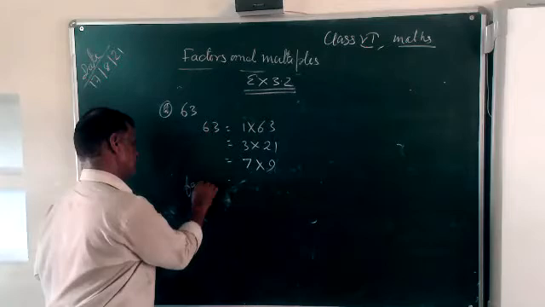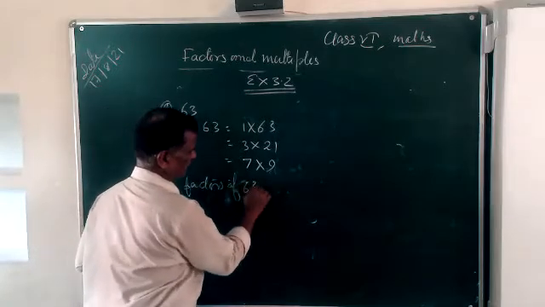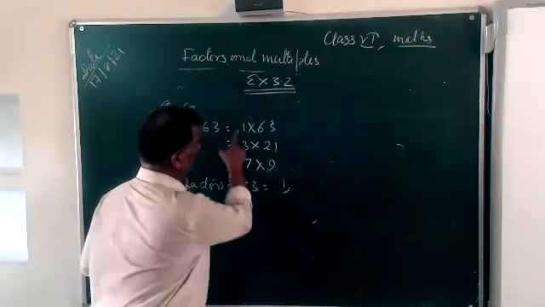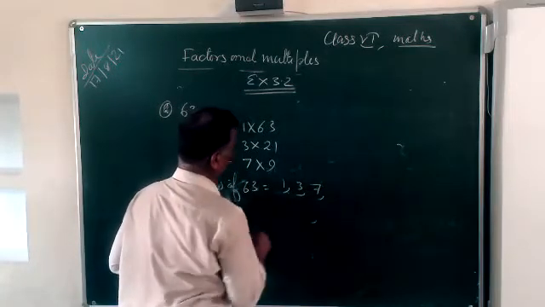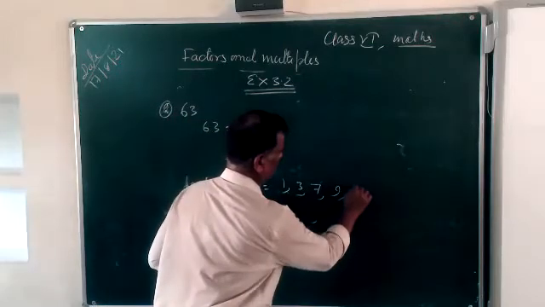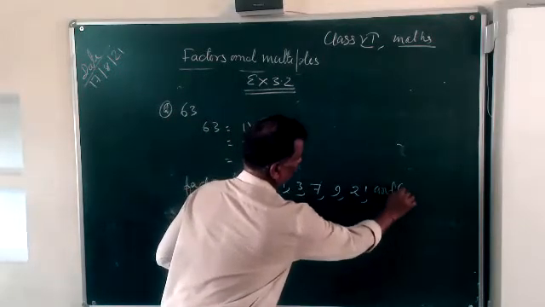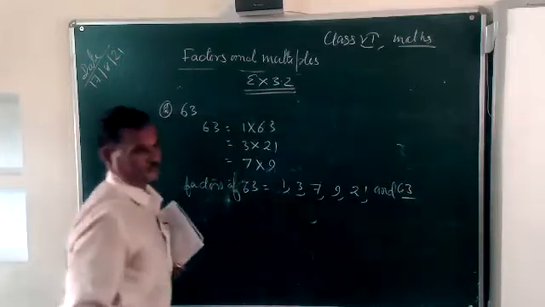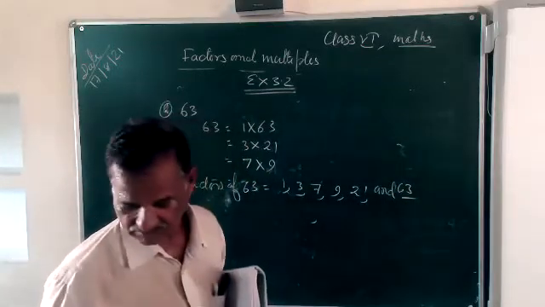So the factors of 63 are 1, 3, 7, 9, 21 and itself 63. One more question I am going to tell you.